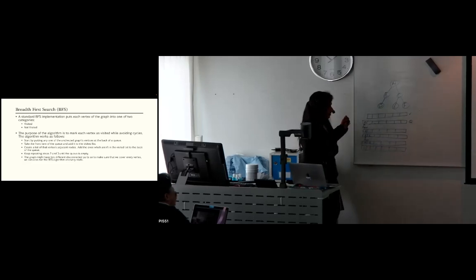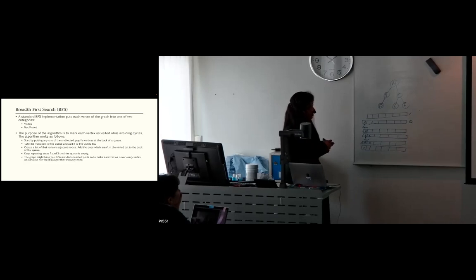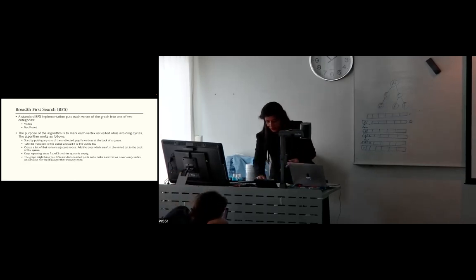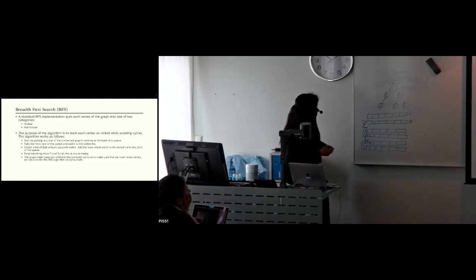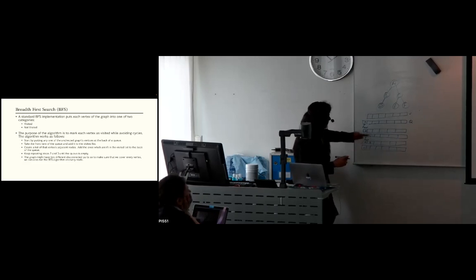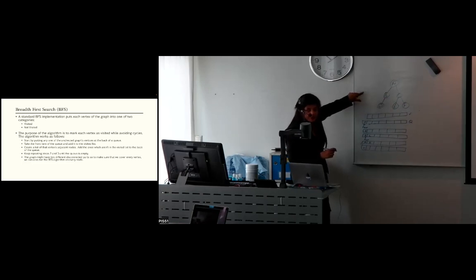Create the list of that vertex's adjacent nodes, and add the ones which aren't in the visited list to the back of the queue. So for C, what would be the next children of this?